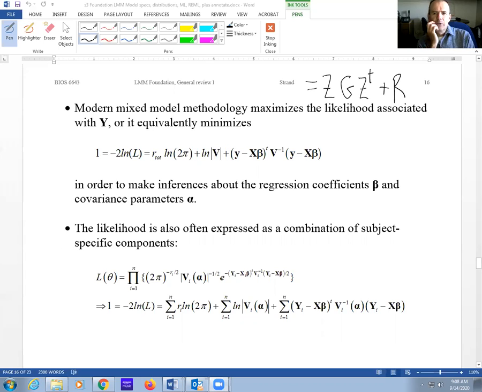Jonathan. Okay, yeah, that's right. You need to know the distribution. And specifically in our case, when we're talking about mixed models, you need to know the distribution of the outcome, right? Because that's what you use to create the likelihood. It's based on the distribution, in particular, the probability density function for the outcome.